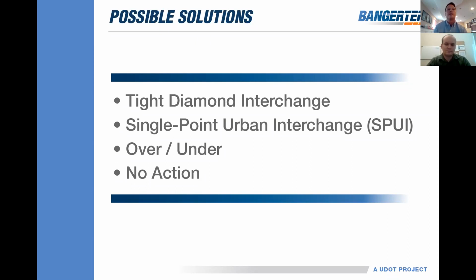This type of interchange is the most common in urban areas and is a type of interchange used at other Bangerter locations. We'll also be evaluating, in partnership with Riverton City, if Bangerter Highway will go over 134 South or under 134 South.